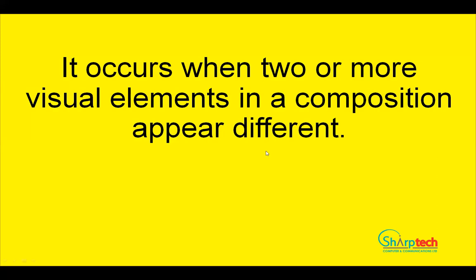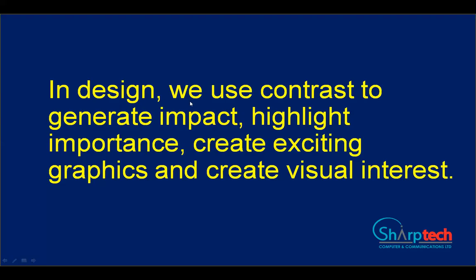That change in contrast level will mean maybe some elements are light, some elements are dark. So that's why we are saying in design, this is the main reason why we use contrast. We use contrast to generate impact.